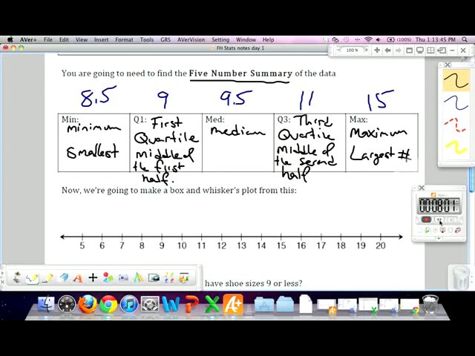Now that you've got a 5-number summary, we can make a quick and easy box and whiskers plot. To do so, take your pencil and put a dot above the number line for each of those 5 points. So we'll put a dot at 8.5, at 9, at 9.5, at 11, and at 15.